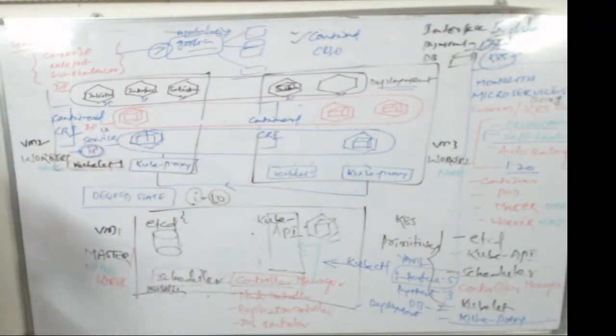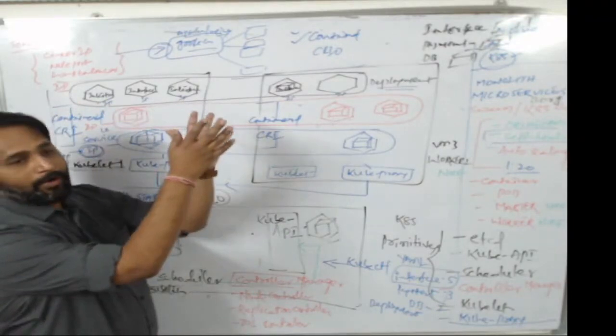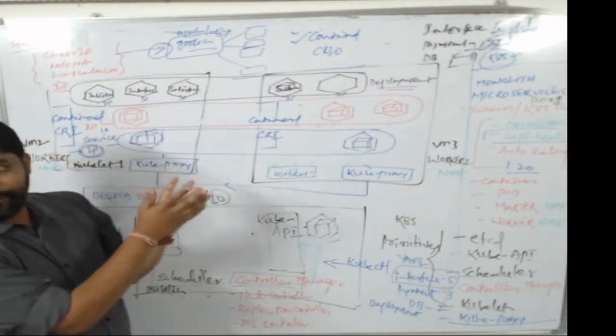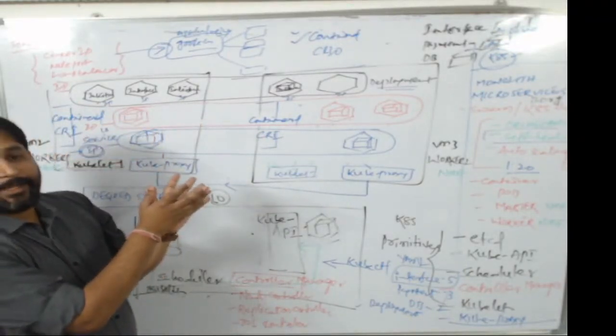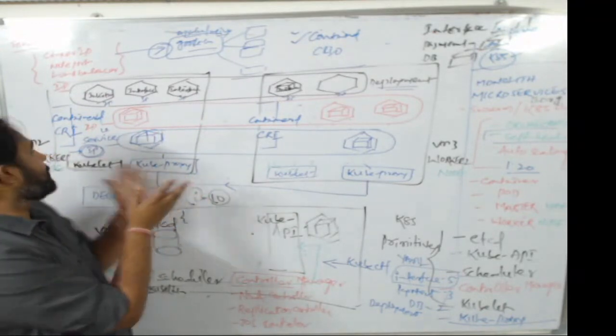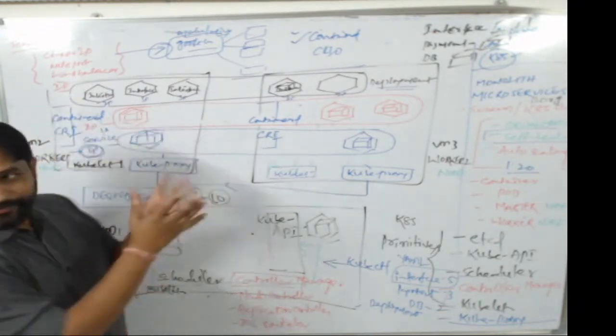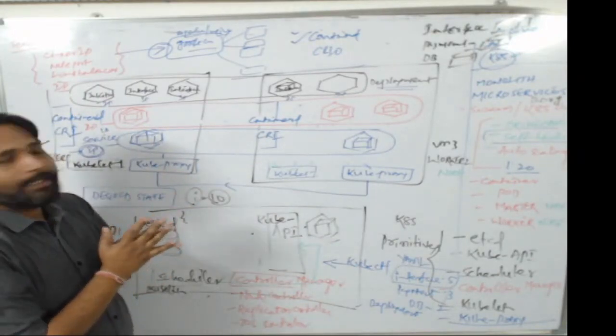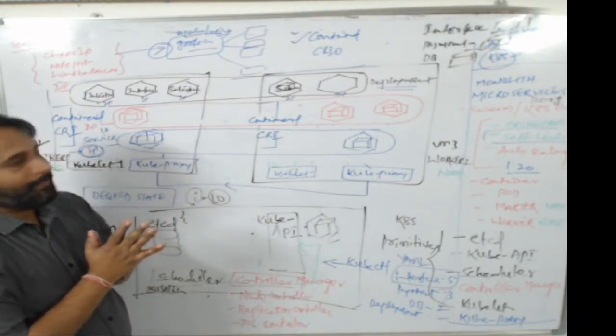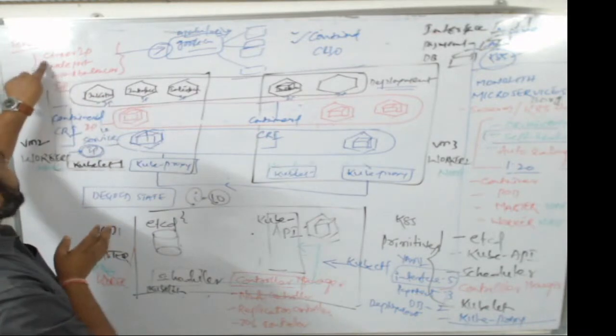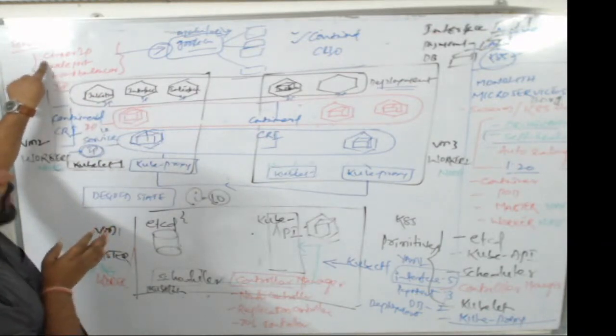So what is happening here? Each pod wants to talk to another pod. And that communication happens through services. So you have a large number of service IPs in a cluster. The service IPs can be internal service IPs or external.